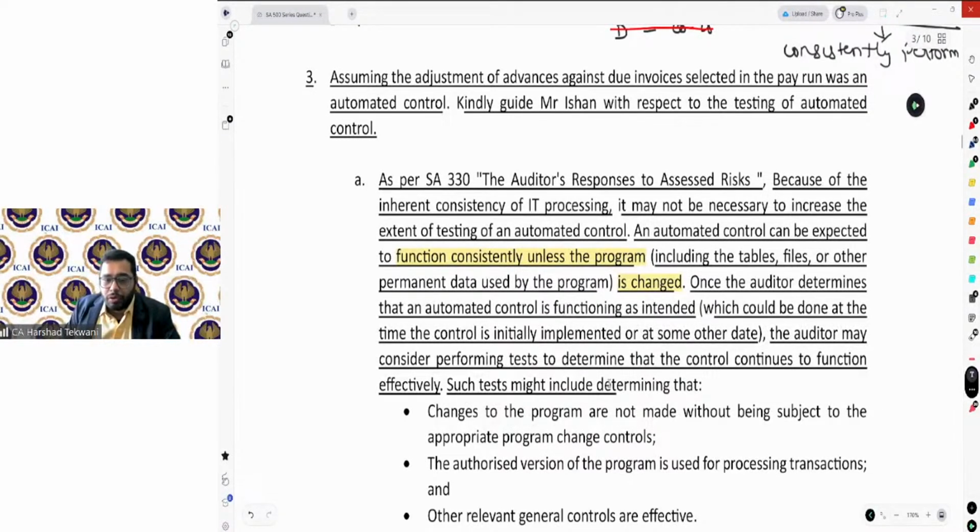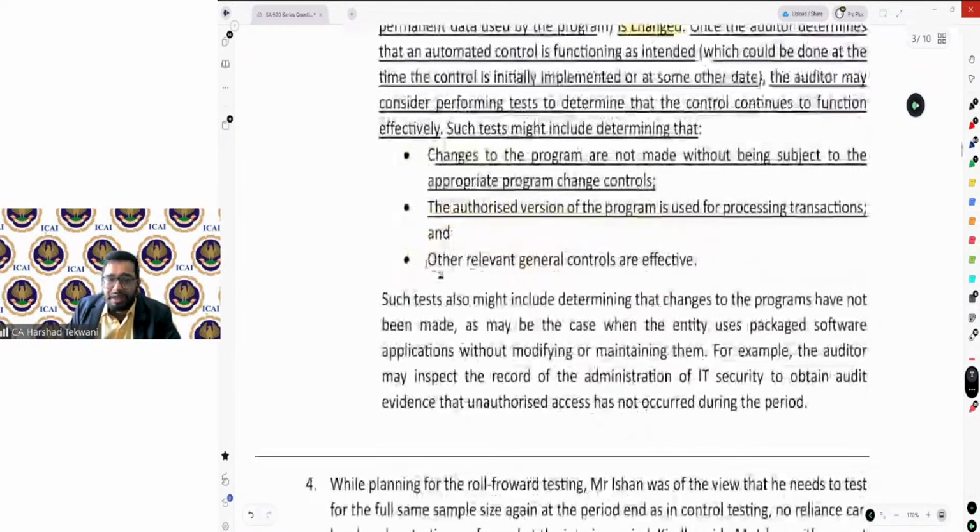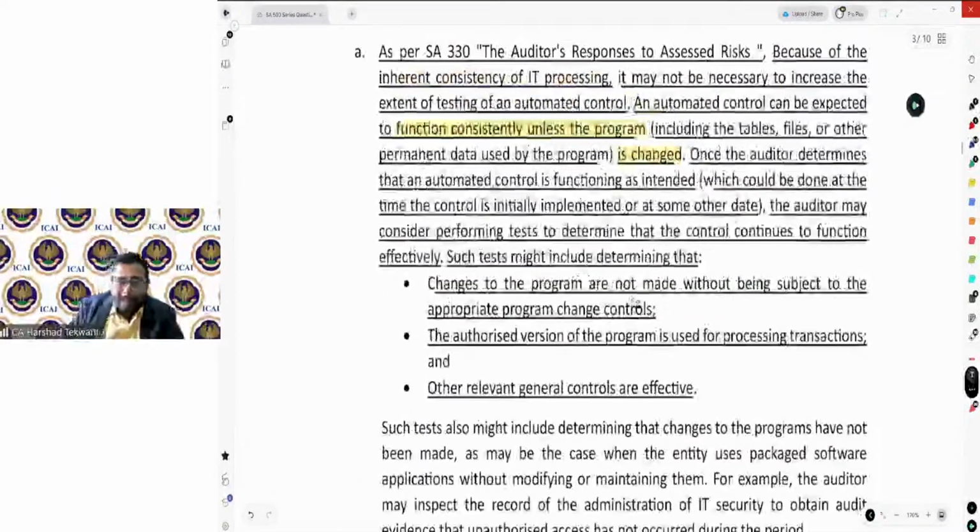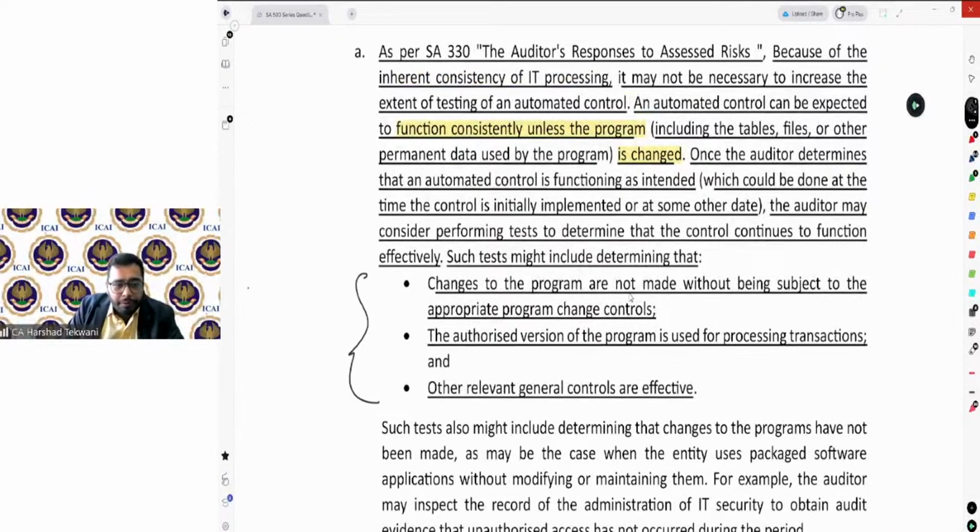Such tests might include determining that changes to the program are not made without being subject to appropriate program change controls, that the authorized version of the program is used for processing transactions, and that other general controls are effective. I am not testing any sample here.